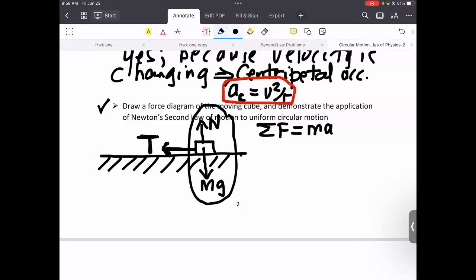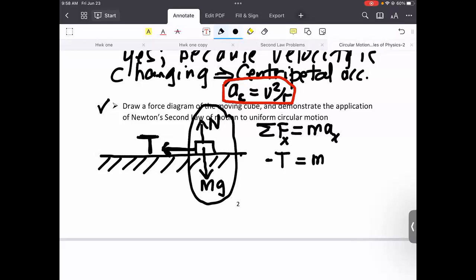It's not accelerating up or down, I should say. So the net force in the y direction is 0. So my focus is on the net force in the x direction. Now the net force in the x direction is actually T, but it's pointing to the left. I'm going to put minus T equal to mass.